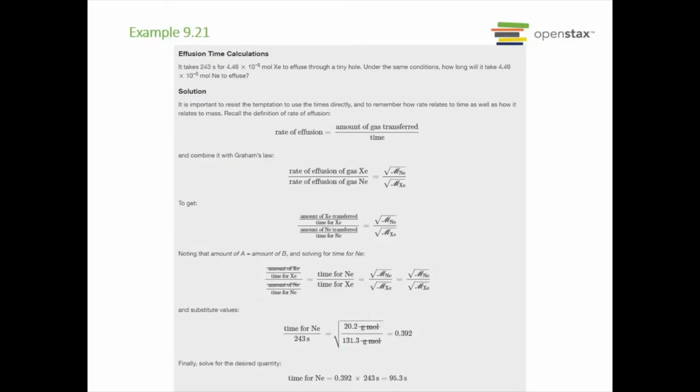So we know the rate of effusion is equal to the amount per time. And we also have Graham's law. So we need to combine these two and put amount per time for xenon divided by the amount per time for neon. So then we get amount of xenon transferred per time divided by amount of neon transferred per time. Now, looking at these amounts, we see that the amount of xenon is equal to the amount of neon, so those cancel out.